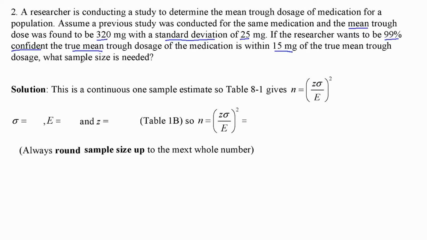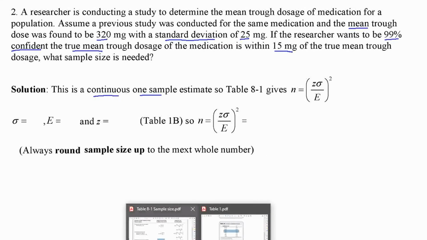So this is going to be continuous data. Milligram dosage is continuous data, not dichotomous. We have one sample going on here. So this is continuous, one sample. Estimate. It is an estimate here because they said 99% confident. So we're looking at a confidence interval, and the sample size formula from table 8.1 is z sigma over margin of error quantity squared.